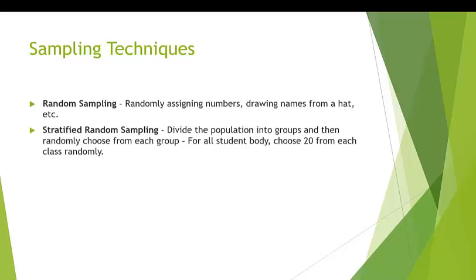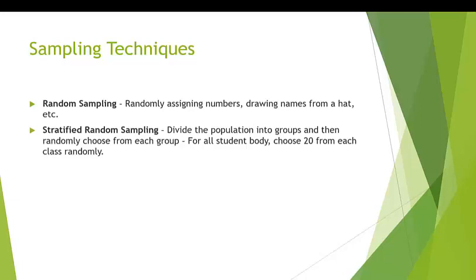But if you did a stratified random sampling, that might make it easier for you to get your students, because at that point you can say, okay, I'm going to divide them into 4 groups, and I'm going to choose 10 from each class. So I've got my 100 seniors, and I'm going to choose 10. I've got my 100 juniors, and I'm going to choose 10.